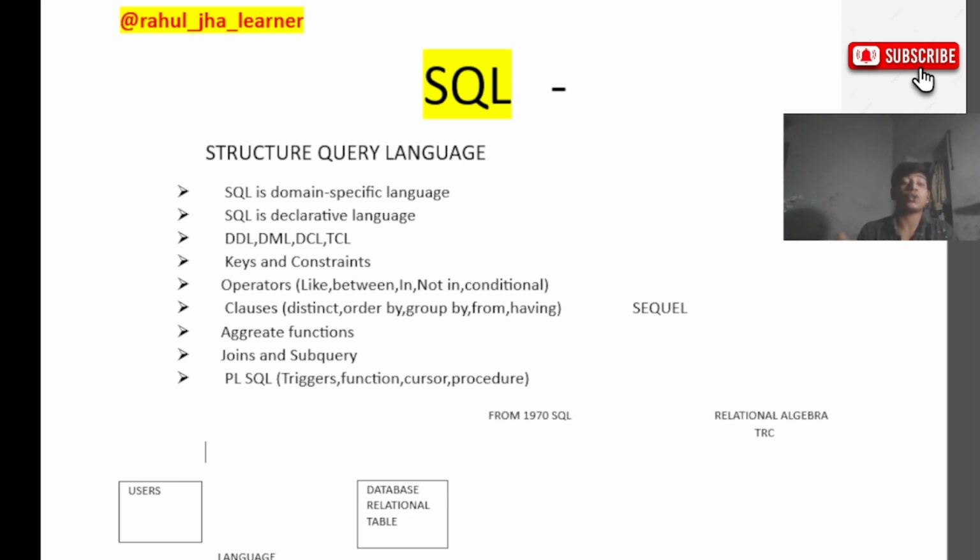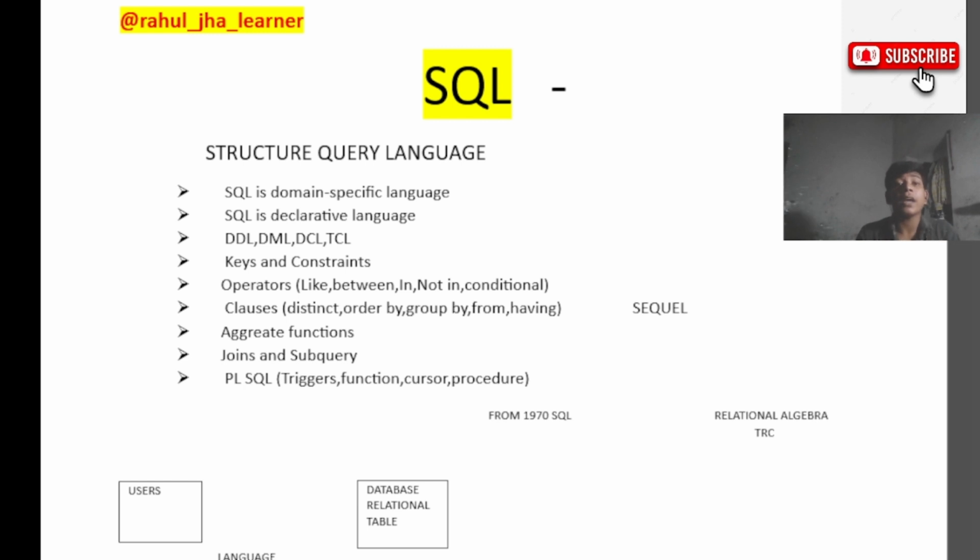So what is actually here? You can say that there are two interfaces, two users, one on one side and another on the other side, and for communication in between, what we need is language.